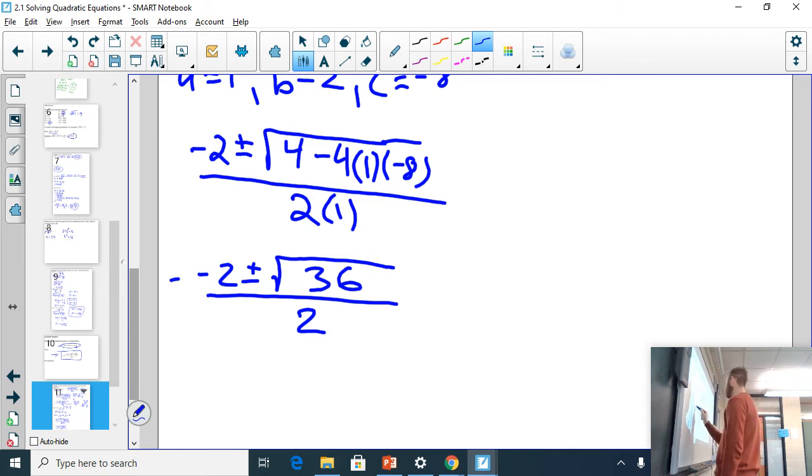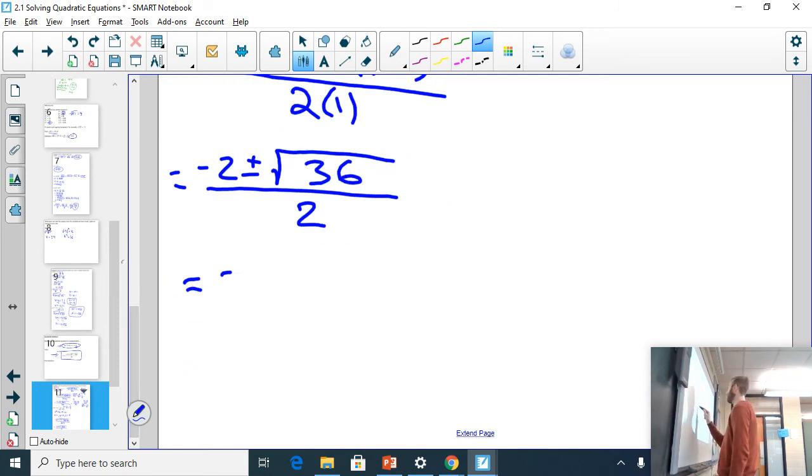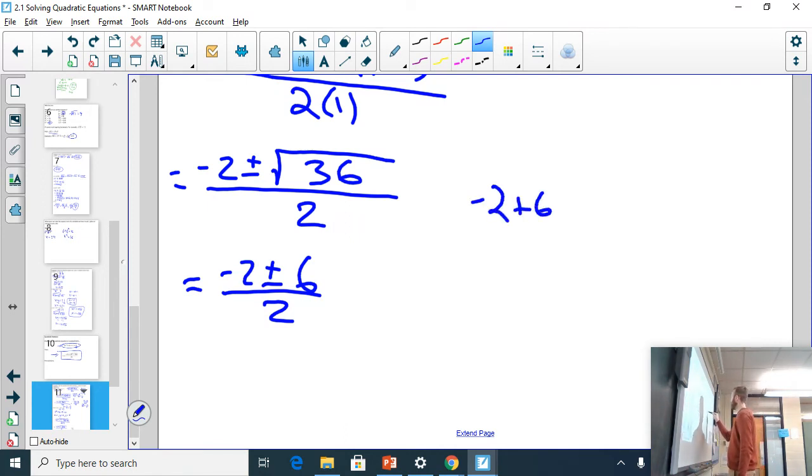And we know that negative 2 plus or minus the square root of 36 is just 6, all over 2. And so now I'm going to go over here and work these both out. We have negative 2 plus 6 all over 2. That's going to be 4 over 2, which is just 2.